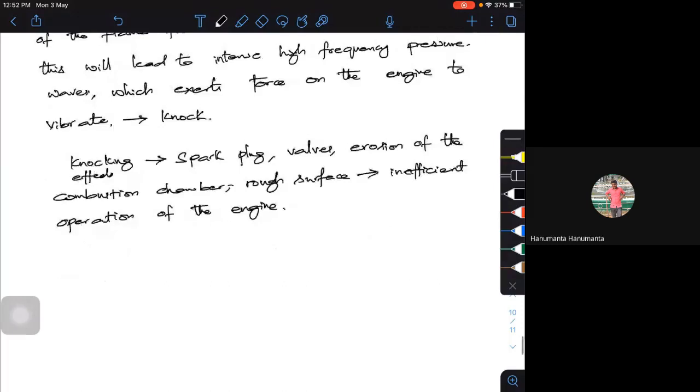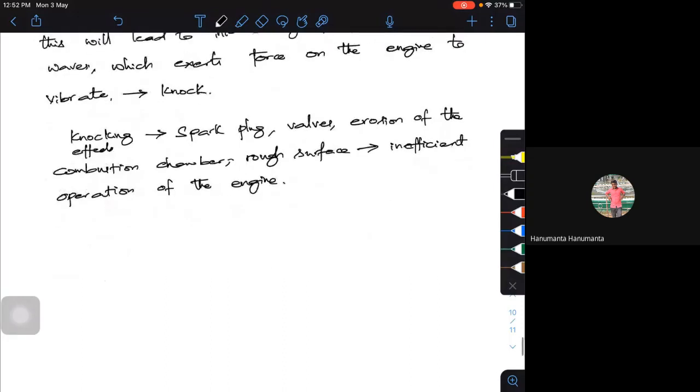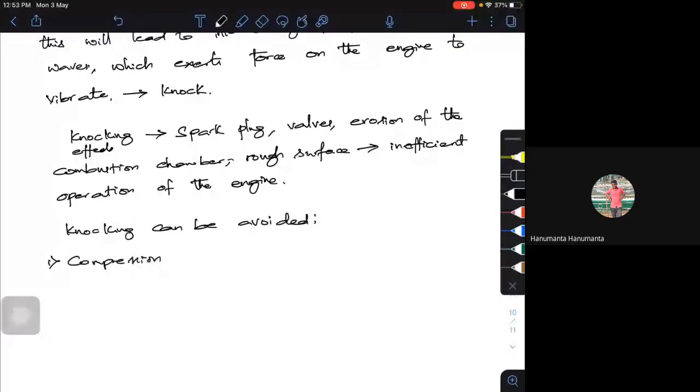So how to avoid knocking? First thing is, I should ensure that the compression ratio of the engine is optimized. It should not be too high, because compression ratio is one of the factors that will lead to knocking.